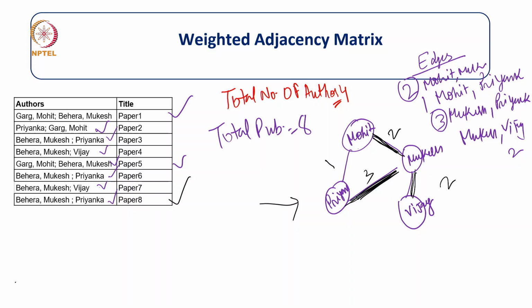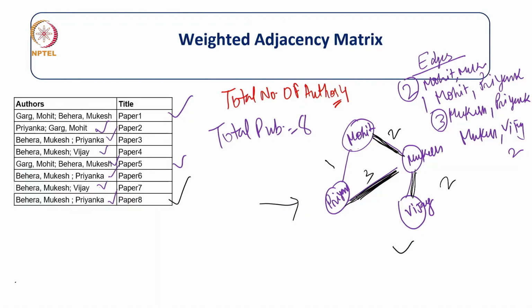Now if we represent this data in this graph, one can easily say that for this particular data set, the pair of Mukesh and Priyanka has collaborated on the highest number of publications, which is 3. And who has collaborated on the minimum number of publications? Mohit and Priyanka, with only 1 publication. So how will we create the adjacency matrix?